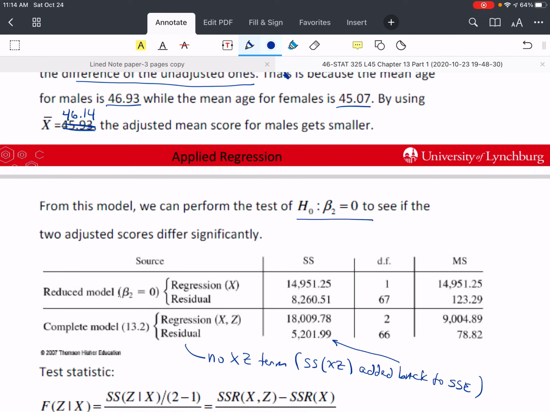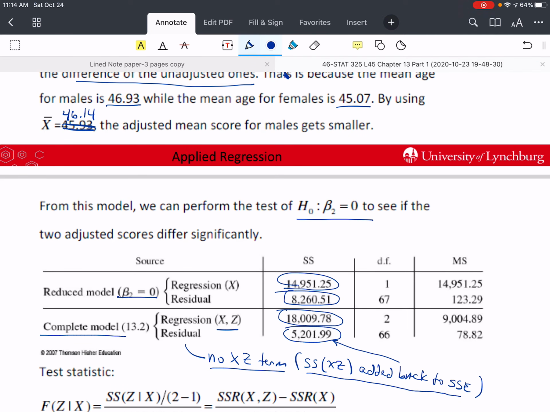So we have a reduced model with beta 2 equals 0, and we're given the sum of squares regression and the sum of squares residual or error, and then the complete model, which has x and z in it in this case, but no xz term. So the sum of squares for xz has been added back into the SSE here from above. All right, so we have 5201 for the sum of squares error and 180978.